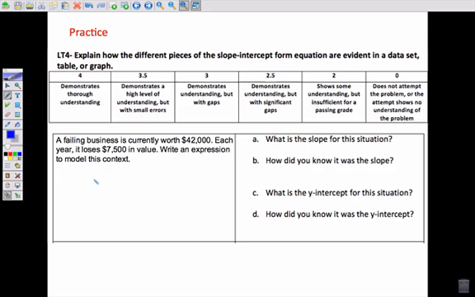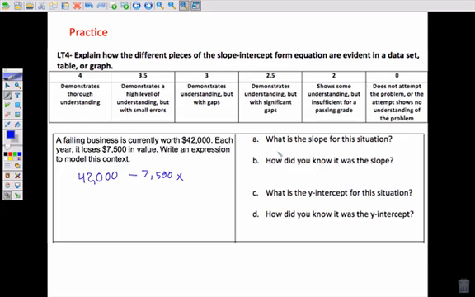So it says a failing business is currently worth $42,000. Each year it loses $7,500 in value. So this is our expression to model this failing business. Starts at $42,000, loses $7,500 each year.